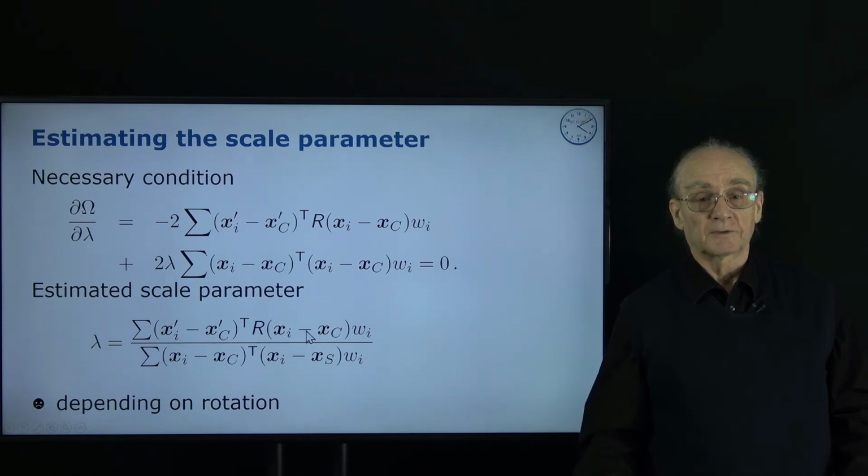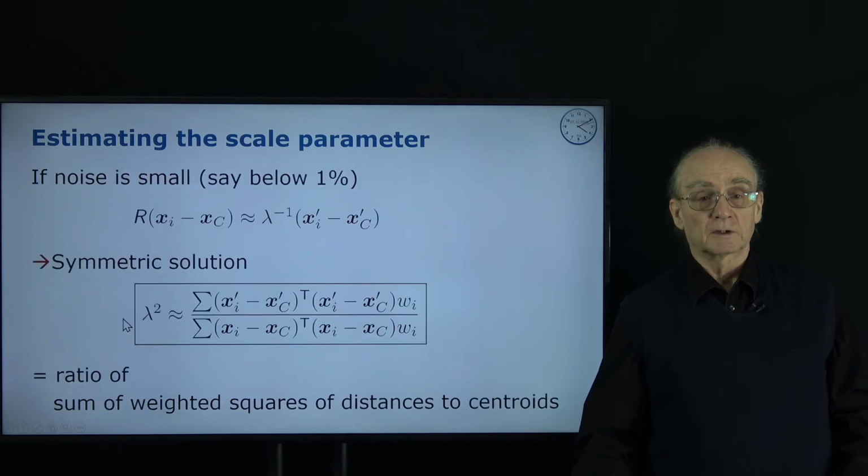We are left with this part multiplied with the lambda, so the lambda goes on the other side, and what we get is the sum of the weighted squares of the distances of the observed points with respect to their center.